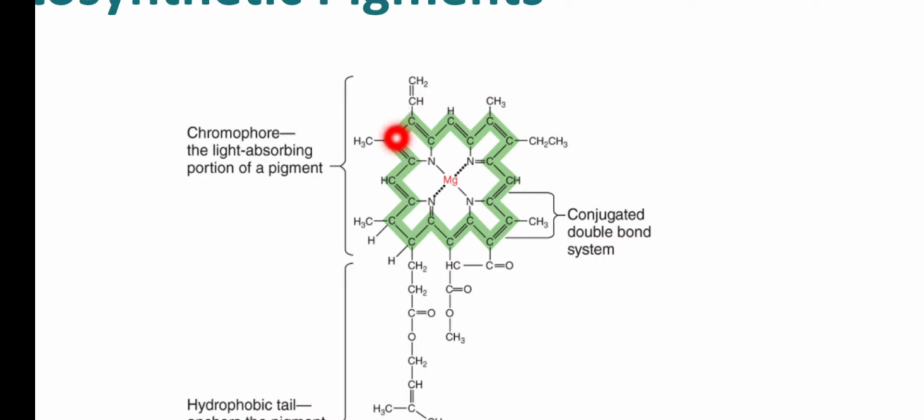This is why the chlorophyll has the green color, because of the conjugated double bonds. That means your pi electrons are moving around, and it's basically the reason why you have the green color. Now, take note, you also have a magnesium at the middle of your photosynthetic pigment. That magnesium is important for the functioning of the pigment to capture the photons.